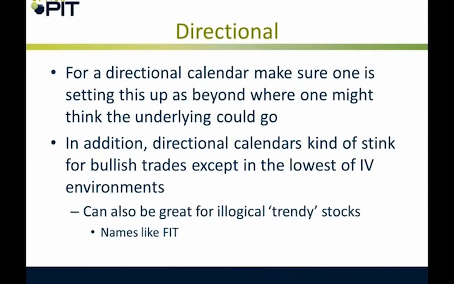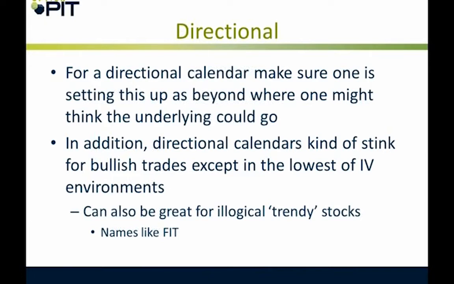So for a directional calendar, you want to make sure that one is setting up this beyond where one might think the underlying could go. In addition, directional calendars kind of stink for bullish trades, except in the lowest of implied volatility environments. Right, so in this environment, I don't mind bullish calendars.